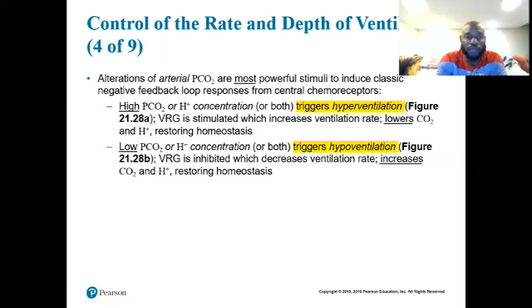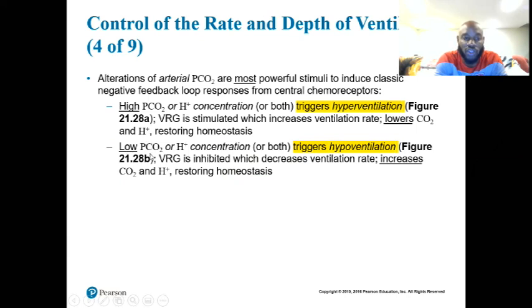Very simply put, high partial pressure of carbon dioxide or high hydrogen ion concentration triggers hyperventilation. VRG is stimulated, increases ventilation rate. When you increase your ventilation rate, when you breathe more, you lower your CO2 and you lower your hydrogen ions.